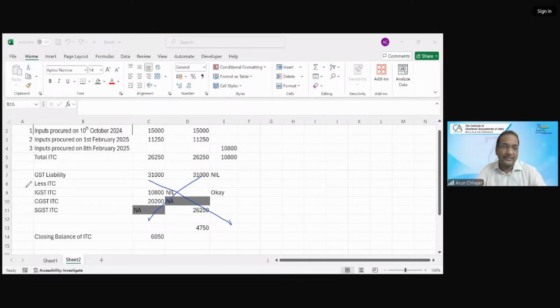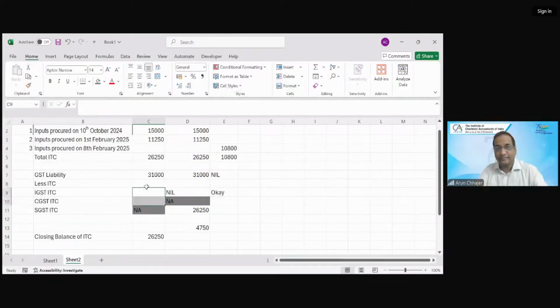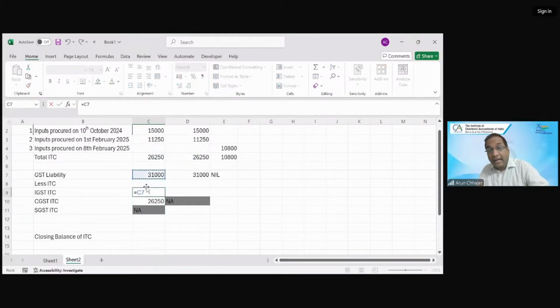Just do one thing. How much CGST you can use? 26,250. How much ITC you have under CGST? Yes. Take the backward calculation.